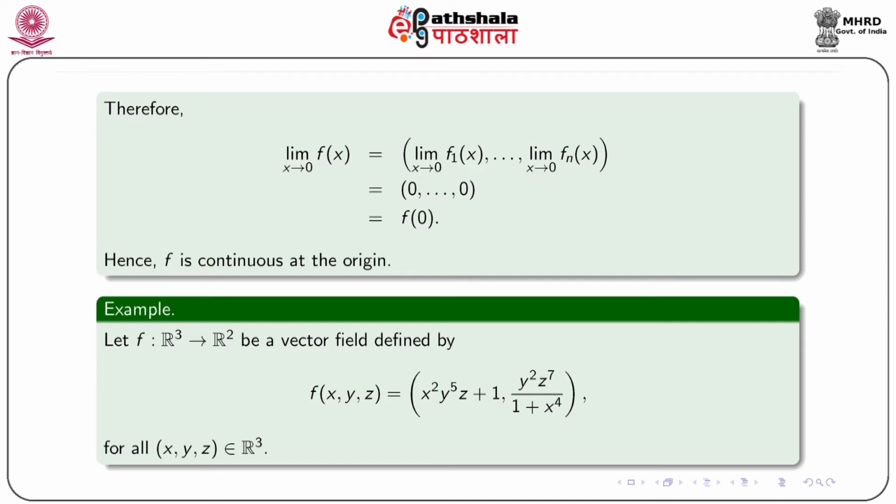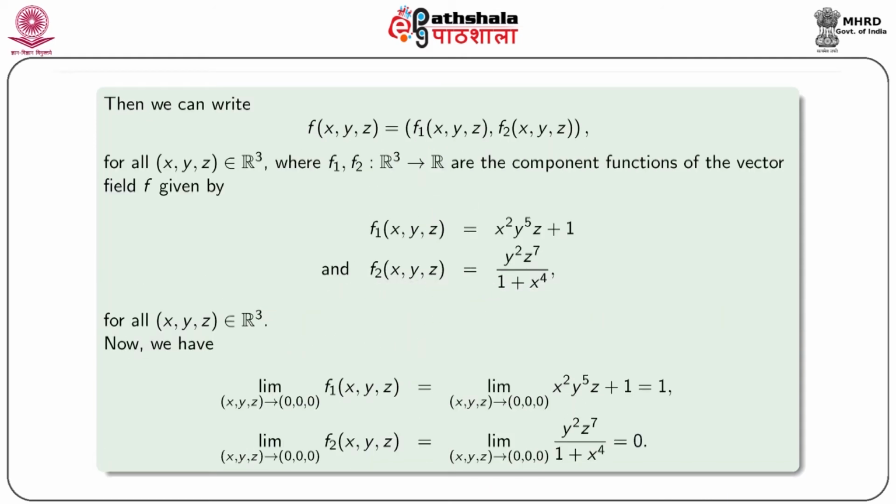Next example. Let f from R3 to R2 be a vector field defined by f(x,y,z) equal to (x squared y to the power 5 z plus 1, y squared z to the power 7 divided by 1 plus x to the power 4) for every (x,y,z) in R3.